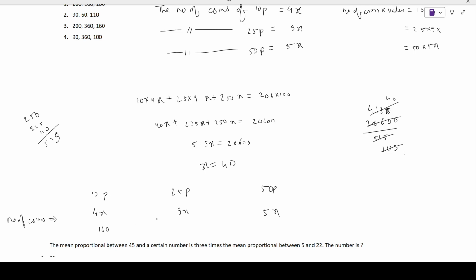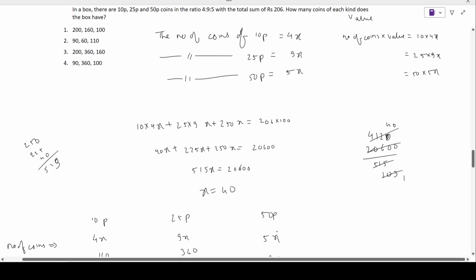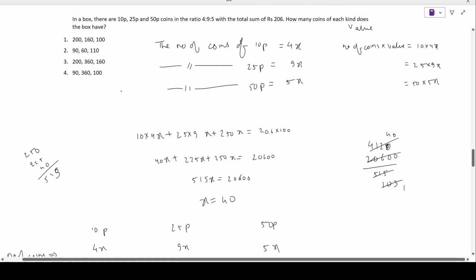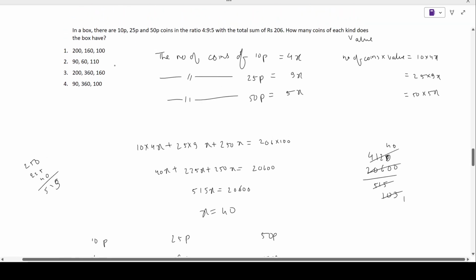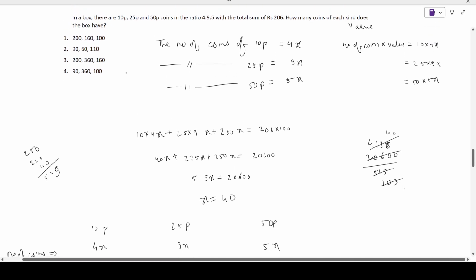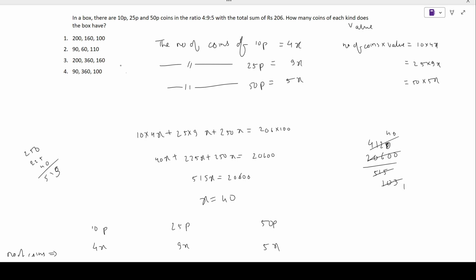For 25 paise we have 360. 5 into 40 we have 200. So 200, 360 and 160. The correct option is option number 3, 200, 360 and 160.